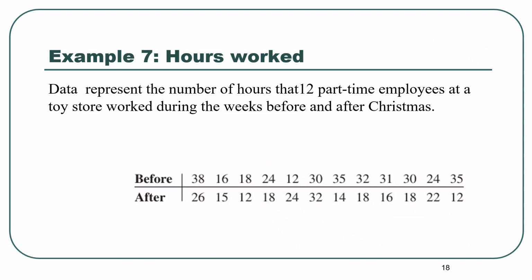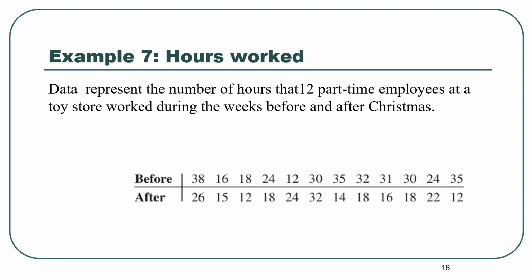Do we have next? Yeah, we do have another example for two groups. The data represents the number of hours that 12 part-time employees at a toy store worked during the weeks before and after Christmas. So we have 12 data points for each before and after scenario, and we want a box plot.